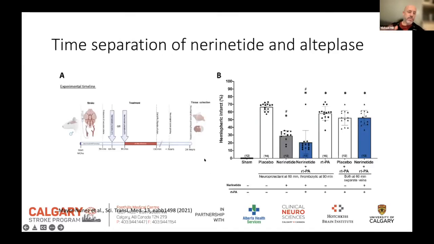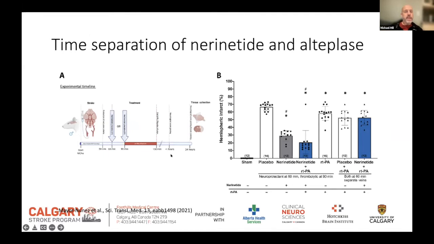Subsequently, we've shown that it's the plasmin. It's not alteplase directly, but plasmin that will cleave nerinotide. So when you have active plasmin, when the drugs are given together or concurrently, we lose available nerinotide in the blood.